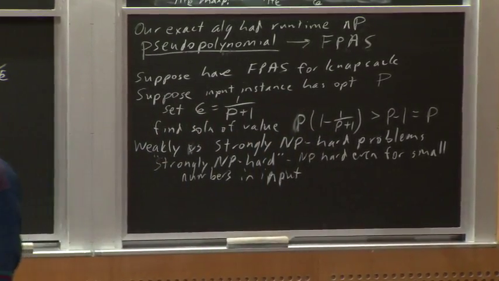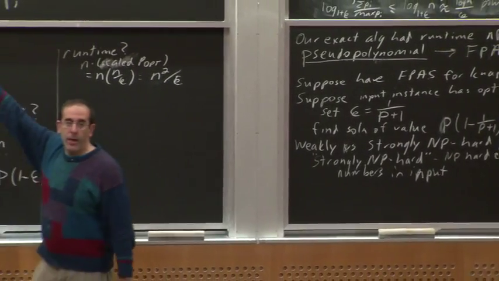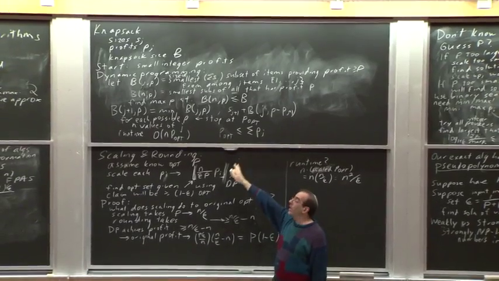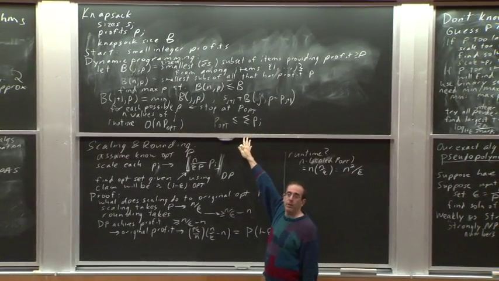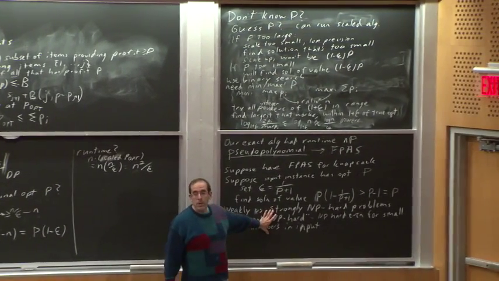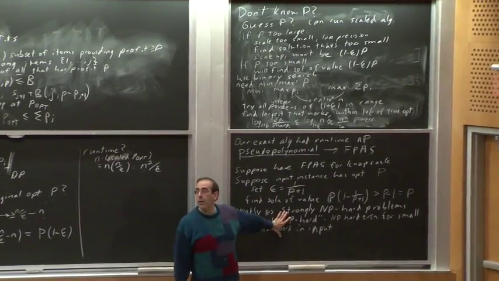Okay? So what we've given here in Knapsack is not a strongly NP-hard problem. It's easy to solve if the numbers are small. And so Knapsack, although it's NP-hard, is only weakly NP-hard. There are other problems, most obviously the ones that don't have any numbers in them, that are strongly NP-hard.